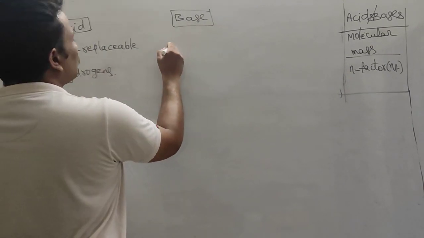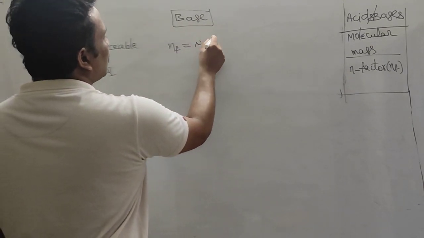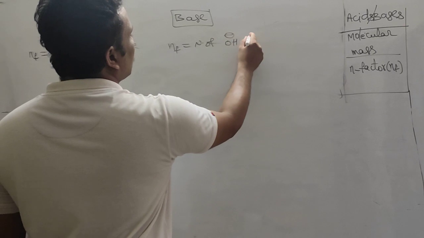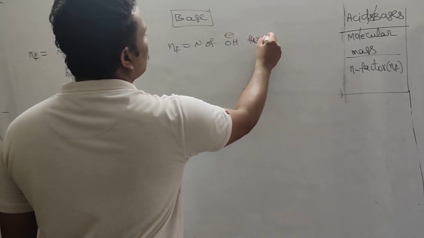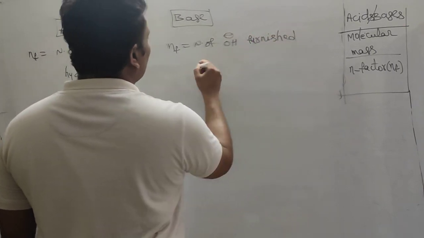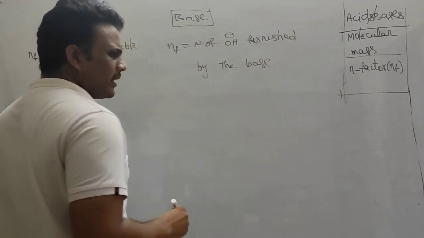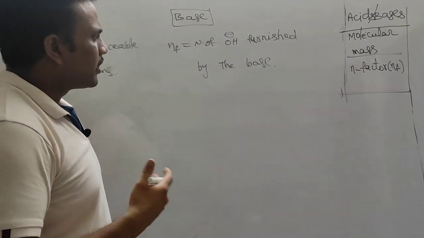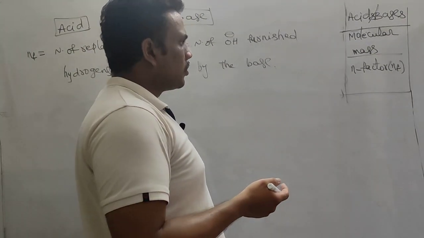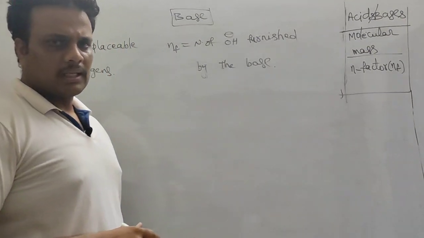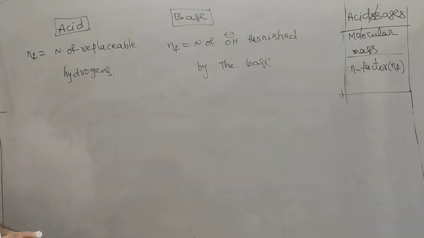And in case of bases, the n factor is the number of OH minus ions furnished by the base. Generally the bases which can furnish OH minus ions when dissolved in water are alkalis. Alkalis are soluble bases.